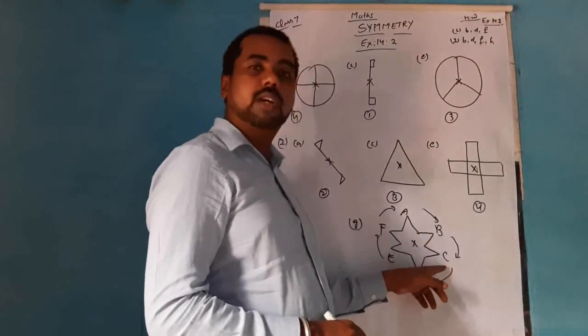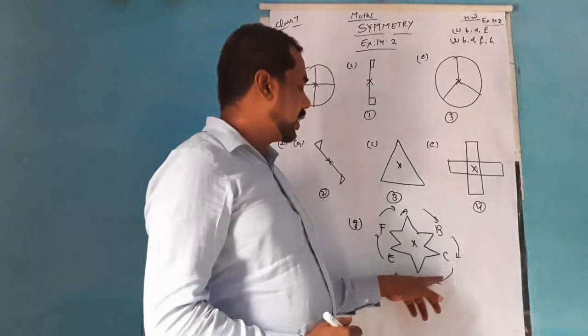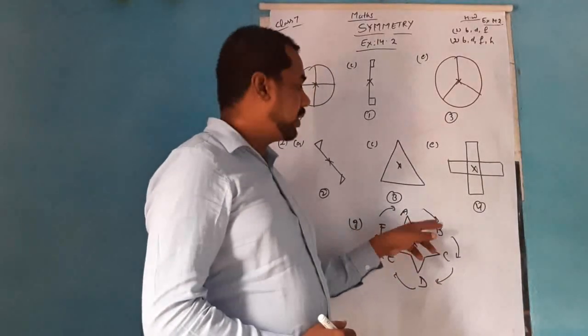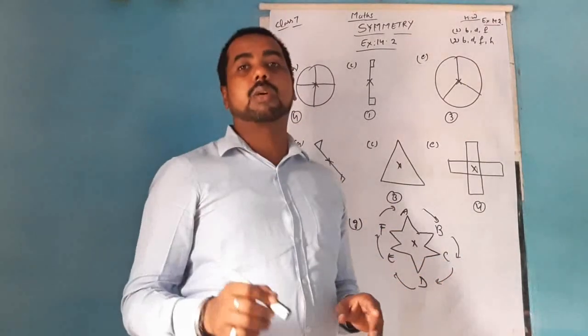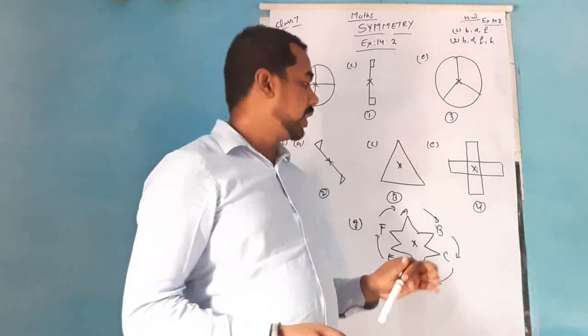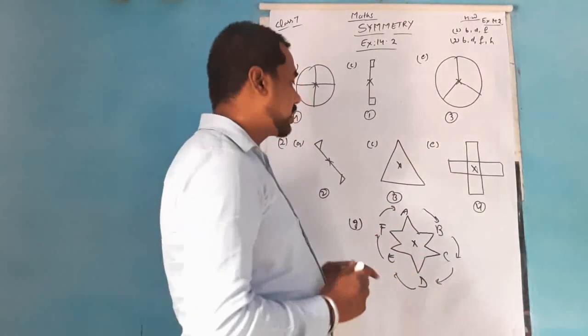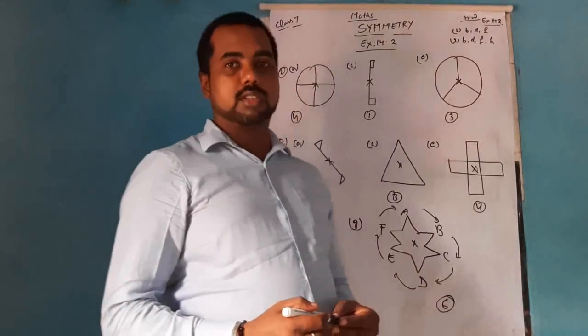Now A from here to here shifted, you will see that it will again remain at its original place. Same goes for here, here, here, here. It means when A is shifted 6 times in order to complete a rotational symmetry, the figure remains at its original place 6 times. It means that this particular figure has 6 orders of rotational symmetry.